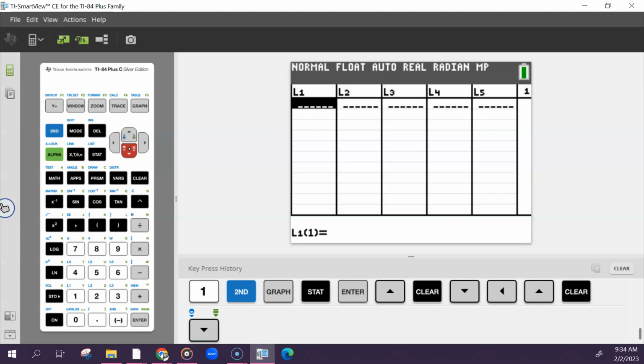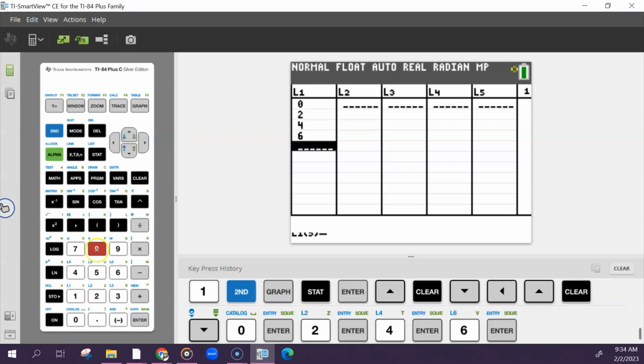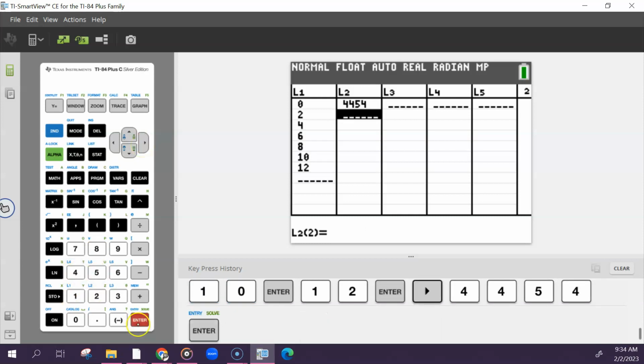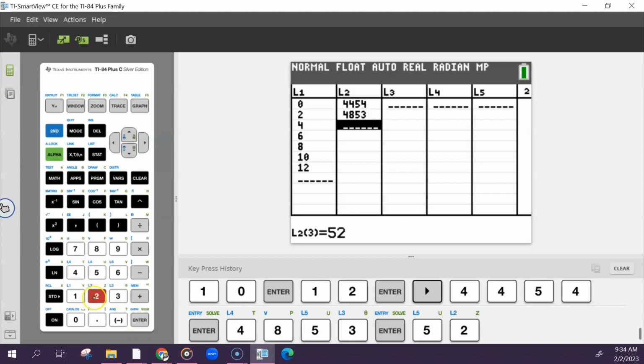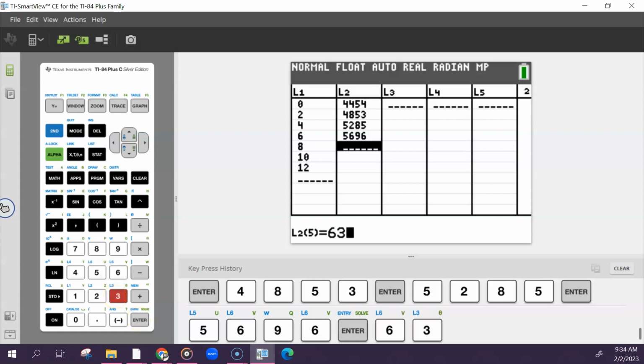And then you're going to put those values in. 0, 2, 4, 6, 8, and 12. And 4, 4, 4, 5, 2, 5, 2, 5, 6, 1.